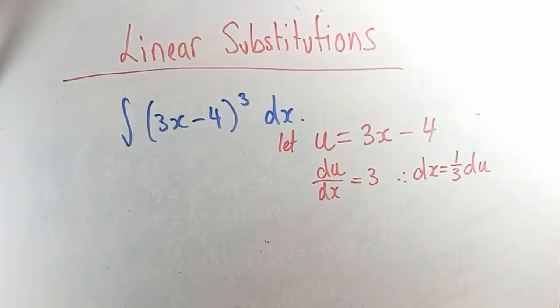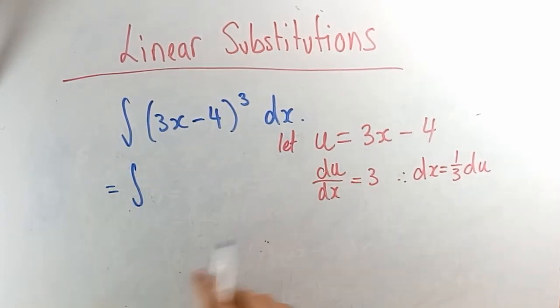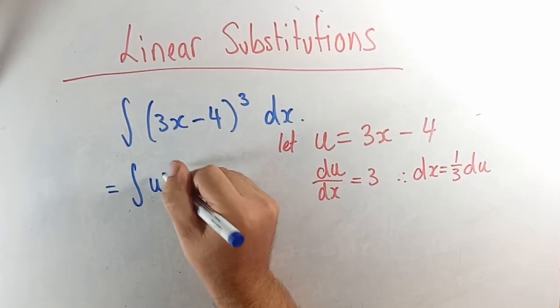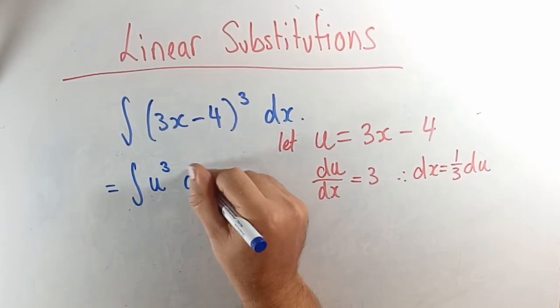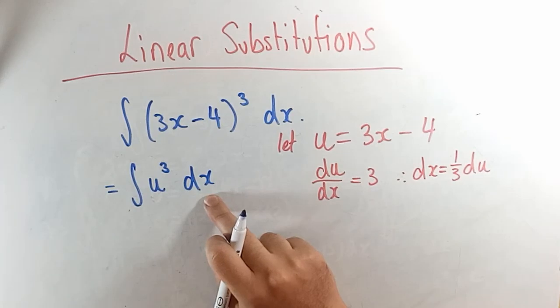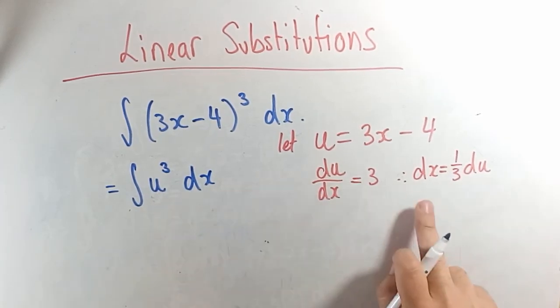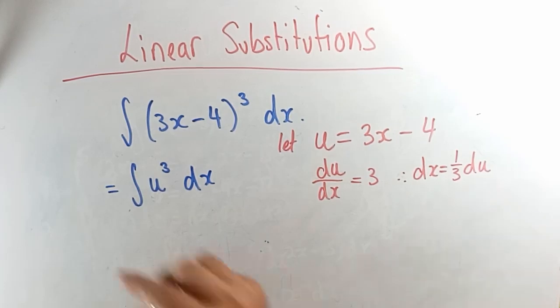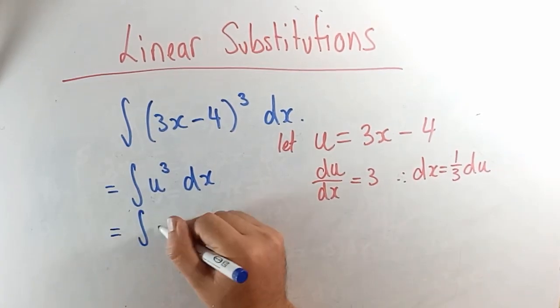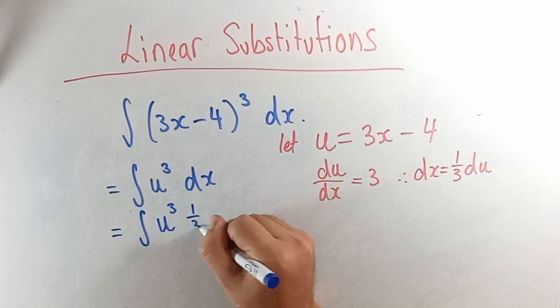This is an important step because when we actually make the substitution here, we put this in, we've got u cubed dx. Now we've got this in terms of u, but we're integrating with respect to x, which is no good. But we know dx is the same as 1/3 du.